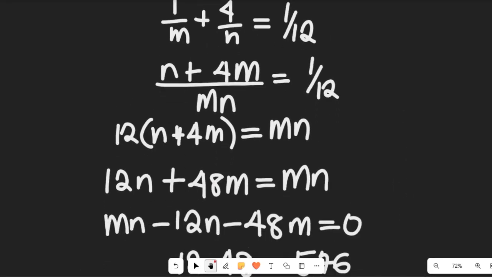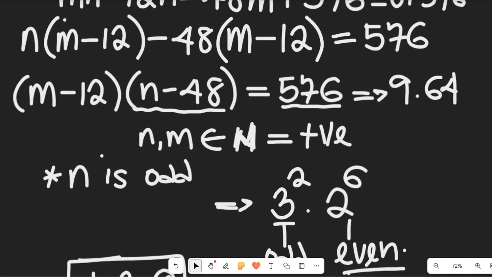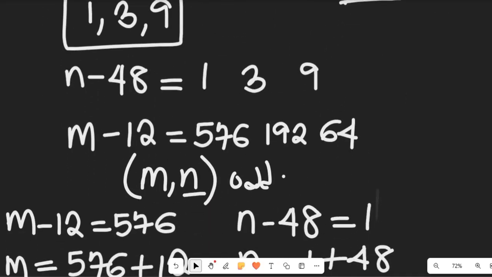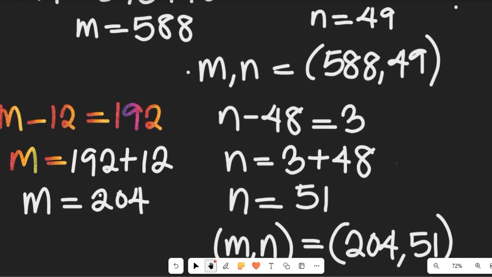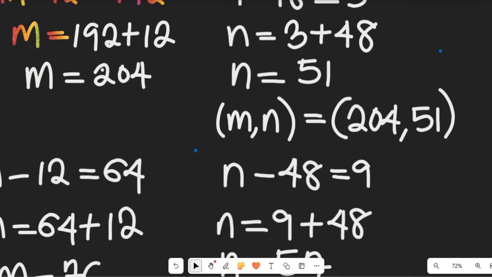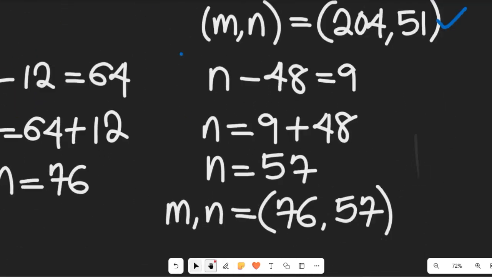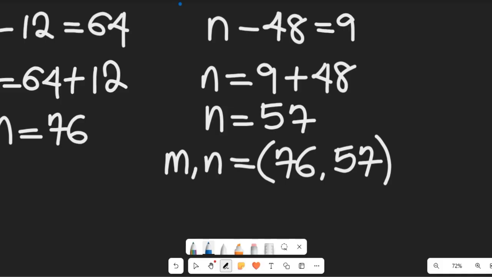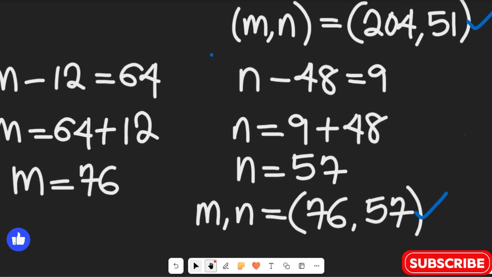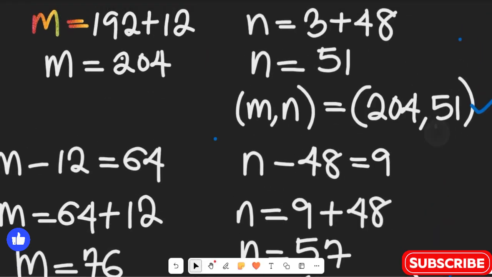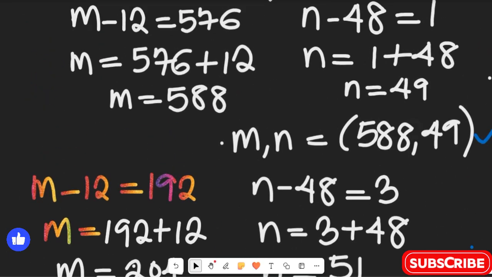So all solutions are natural numbers, and the values of n from the whole solutions all met that condition. So that means these are all the pairs of m and n that satisfy that expression given to us up there.